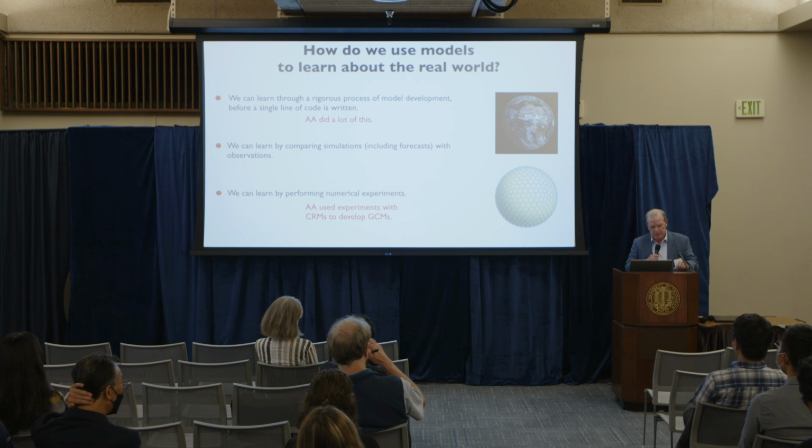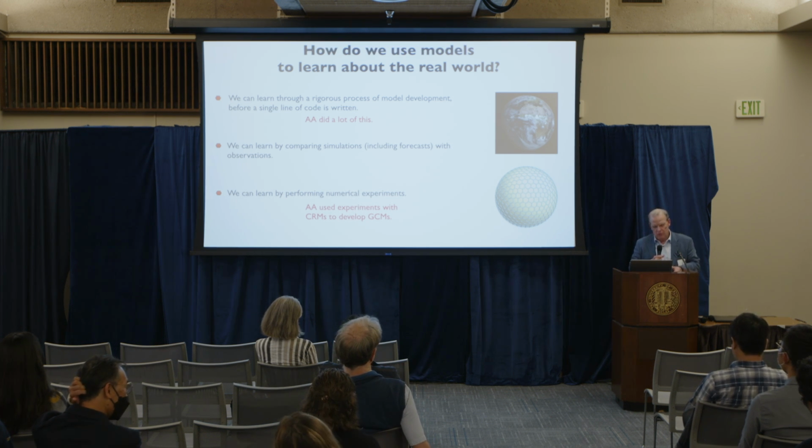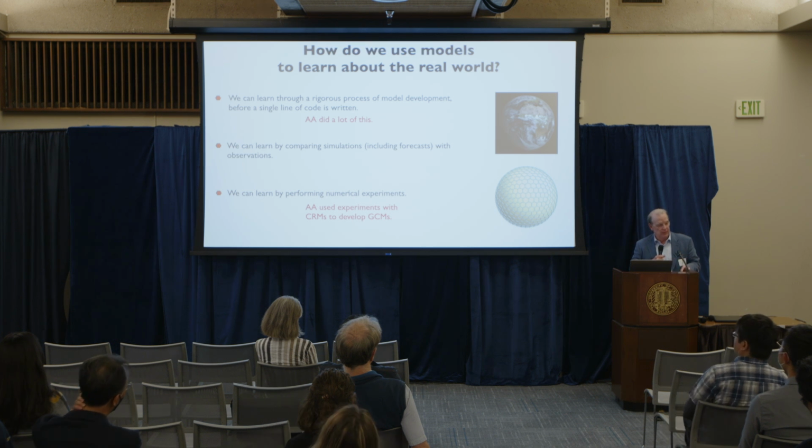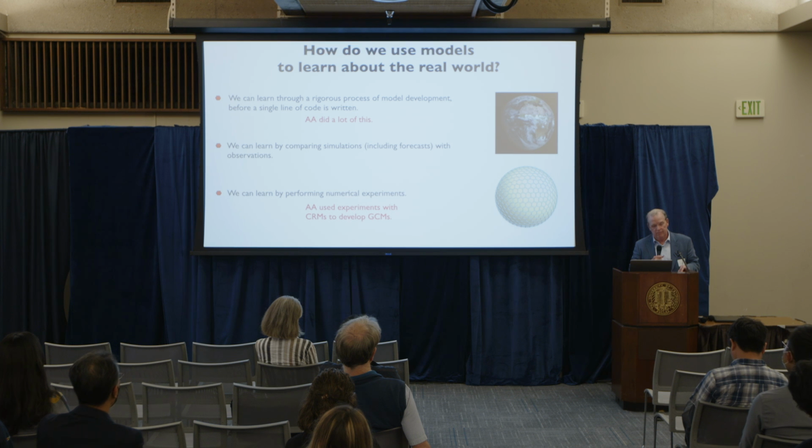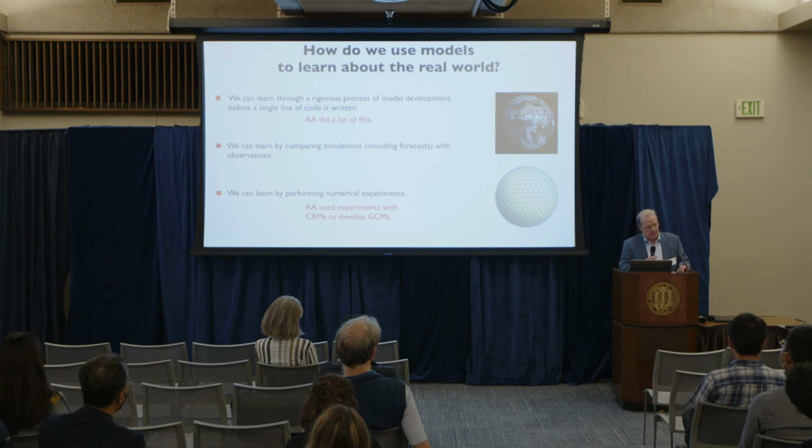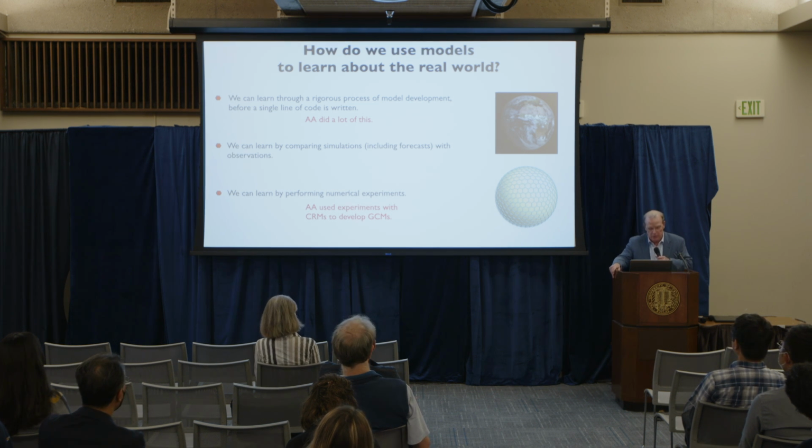He did numerical experiments with cloud resolving models and used the results of those to formulate parameterizations of gravity waves and of convection, and so it's an interesting take. And the work that Steve Krueger did in his PhD work was one of the earliest examples of using a cloud resolving model to think about better ways to develop parameterizations for GCMs. So Arakawa and his group were really pioneering in this area.